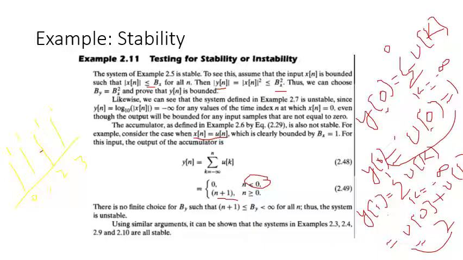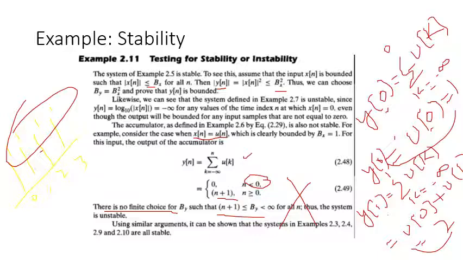It means that we have bounded the input. The input is always 1, but because of the accumulator system, the output is not bounded. So there is no finite choice for By. n plus 1 is less than By is less than infinity. That's why this system is not stable, and this is because of the input.